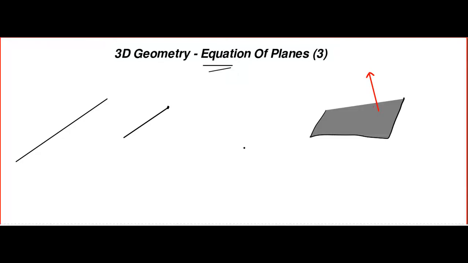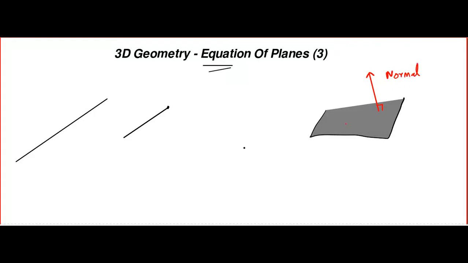So take one book or a cardboard or anything which looks like a plane, and keep your pen in such a way that it looks normal, it means perpendicular, to the surface. Now look at this. The equation of a plane is defined with the help of a line, and that line is no one else but our normal.